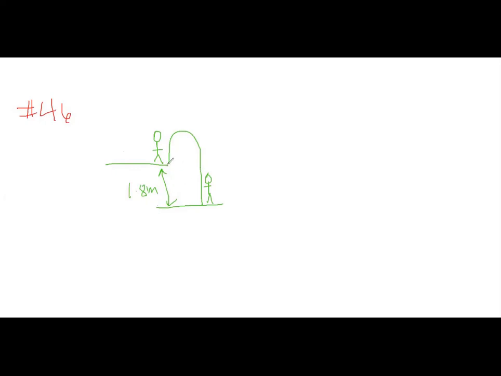Her initial velocity right here, V naught, is 4 meters per second. So that's really all the information we know, is that she starts at 4 meters per second and she's 1.8 meters above. We don't know the velocity she hits the water with. We don't know the time.